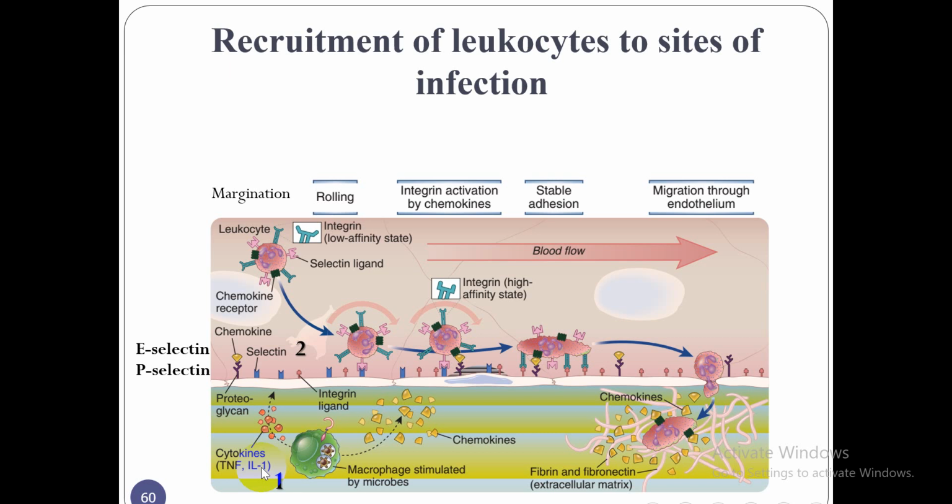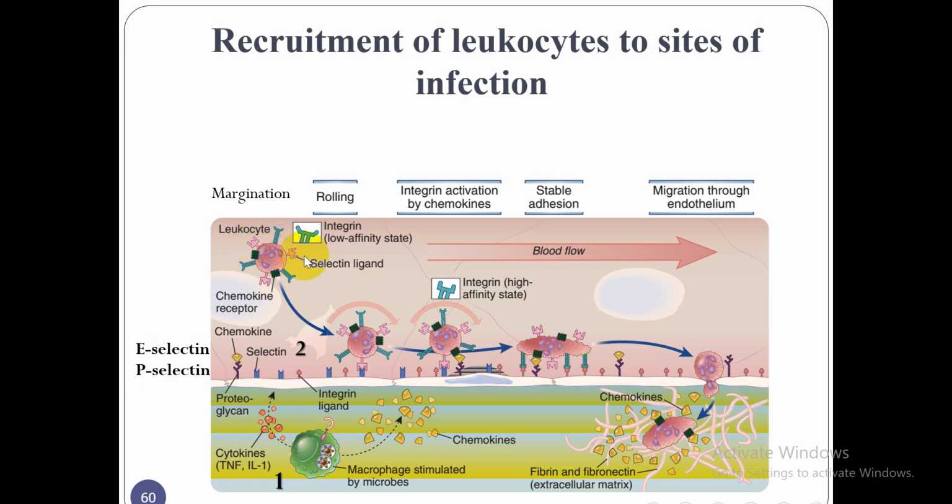and these inflammatory cytokines could induce the expression of E-selectin and P-selectin on the surface of endothelial cells. You remember that I explained that P-selectin is the first one which is expressed on the surface of the endothelial cell, and after 1 to 2 hours E-selectin is expressed on the surface of endothelial cells.